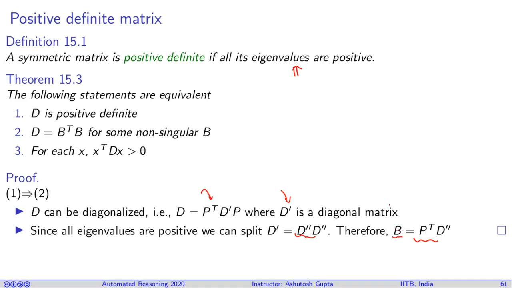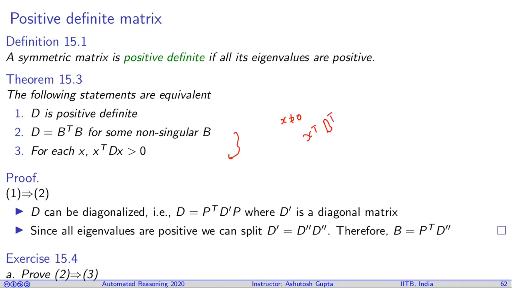Therefore we have the second statement. We can easily prove from 2 to 3 that if x is not equal to 0, then we can write D as B transpose B, so you get x transpose B transpose B x, and then you get (Bx) transpose Bx, which is a sum of squares, greater than 0.